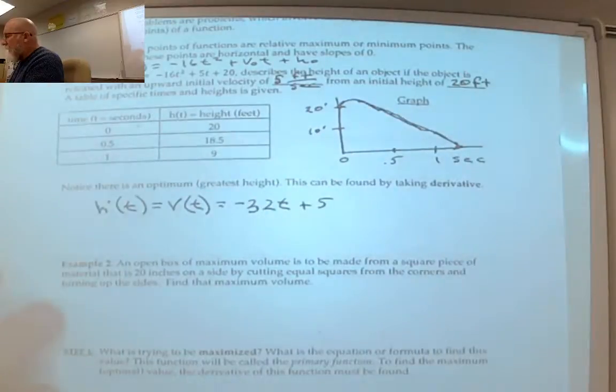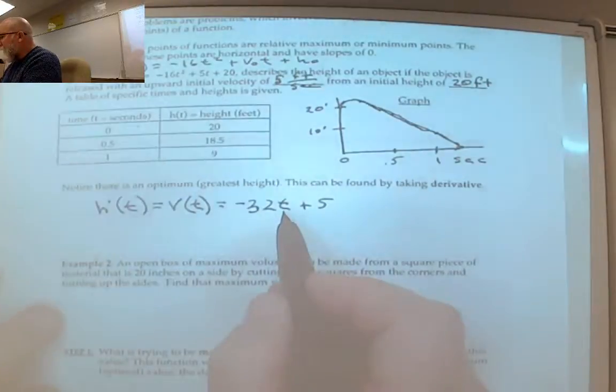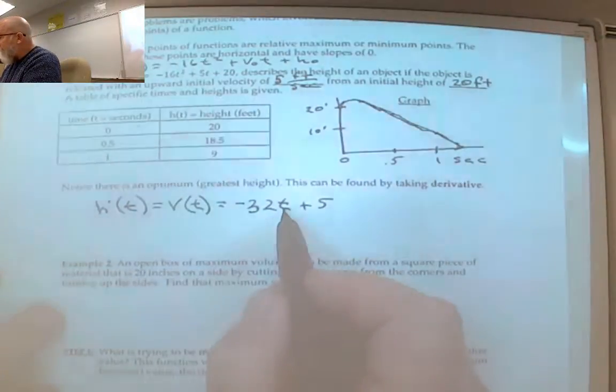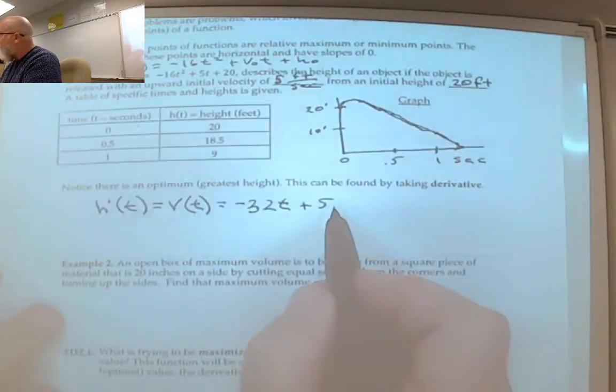So, like Ellie said, if I put 0.1 in here, I'd get 1.8, correct? So at 0.1 seconds, this thing is moving 1.8 feet per second. It's still going up.